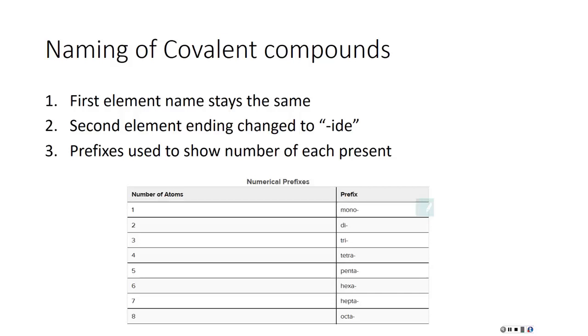So for these four compounds, let's take a minute or two, sorry for writing too low, and see if we can name what they are. Okay. NO2, LiOH, KCl, and SiI3.